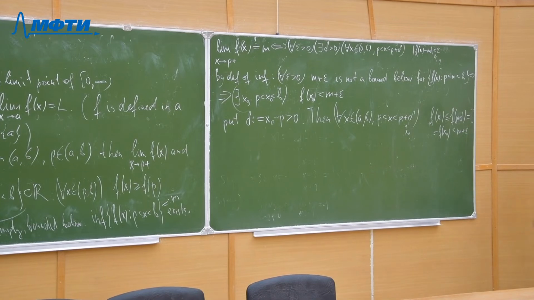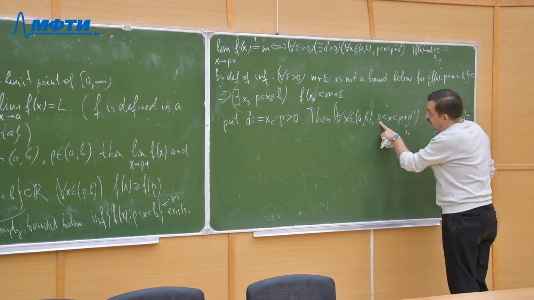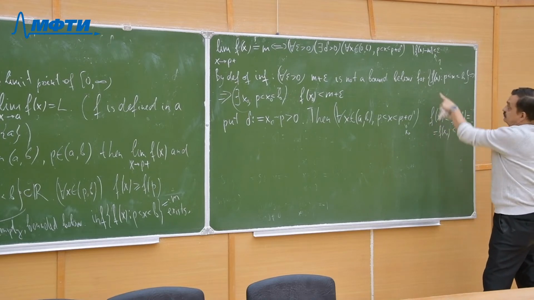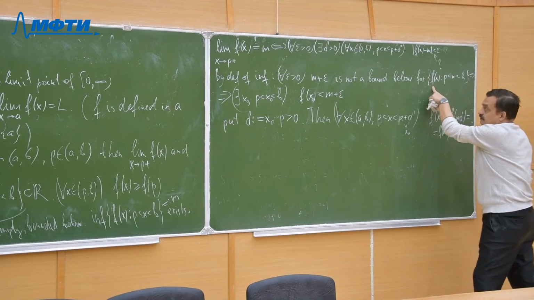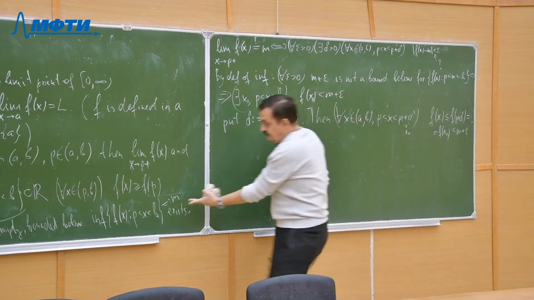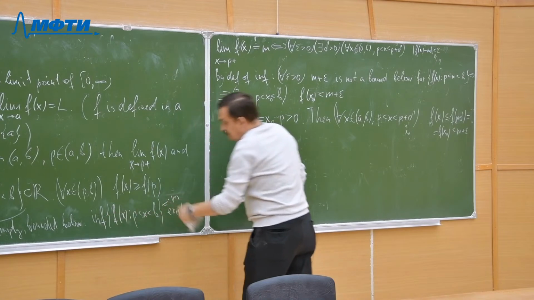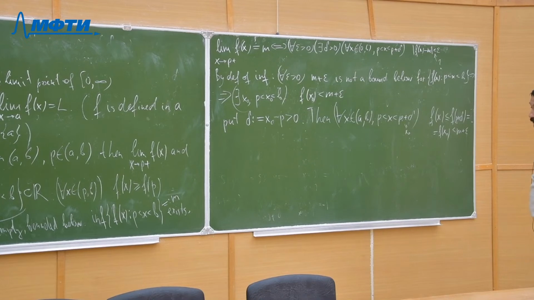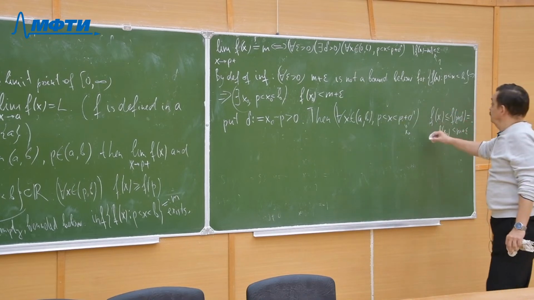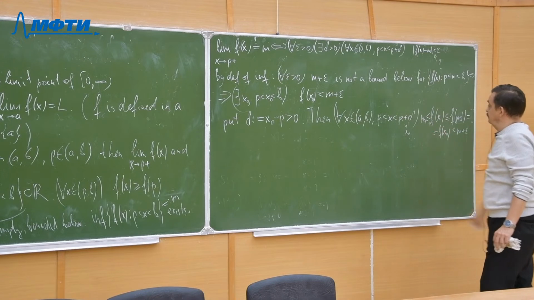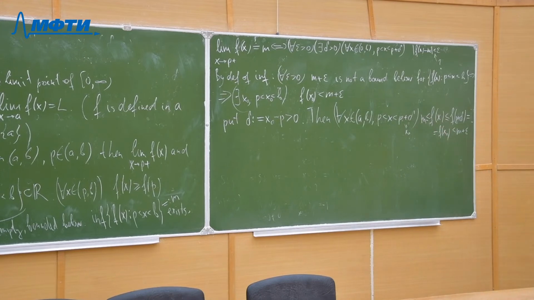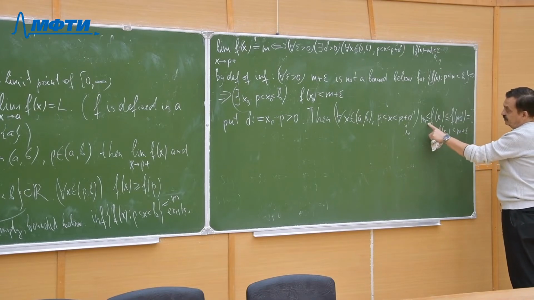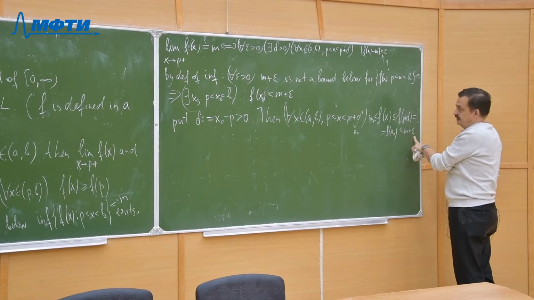But since x is greater than p, then f of x is an element of this set. Hence, M is a lower bound for this set. Hence, f of x is greater or equal than M. Now look at this inequality. So f of x greater or equal than M and less than M plus epsilon.